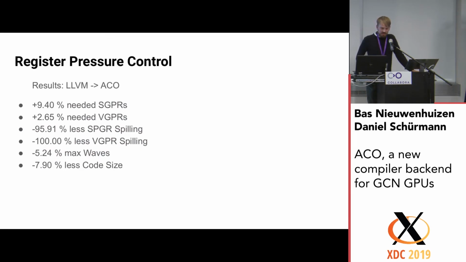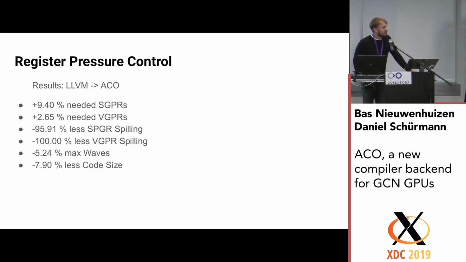This is the difference when compiling like 40,000 shaders with LLVM and then with ACO. We need more SGPR, so scalar registers, a lot more. Almost 10% more register use, and also 2% more vector register use.